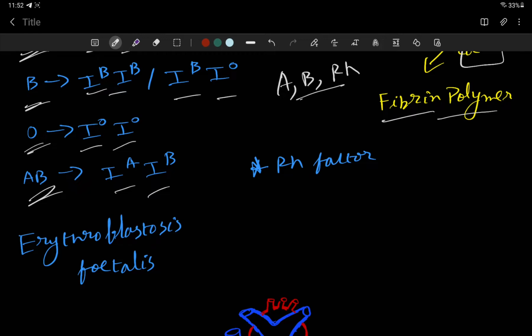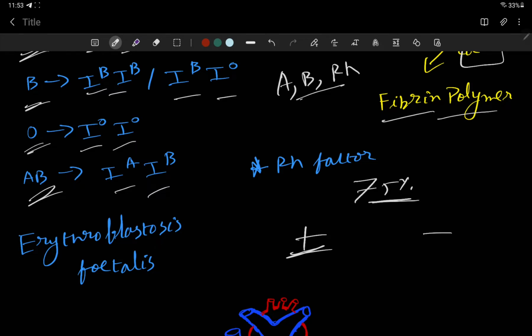Apart from these two, there is another antigen that is present in the body, that is Rh antigen. What is the function of Rh antigen? Rh antigen is found in 75% of the human population. A person with Rh antigen is said to have a positive blood group, and a person without Rh antigen can be called a negative blood group.